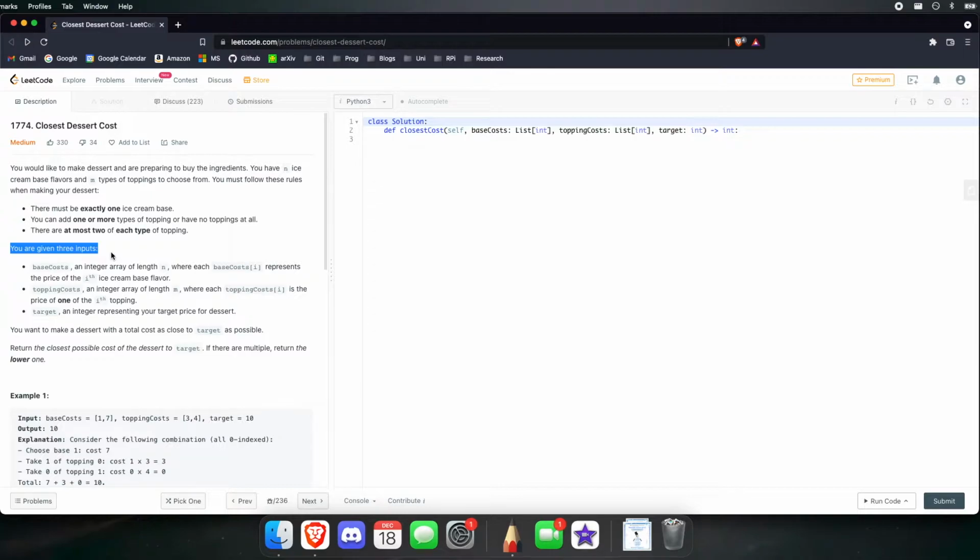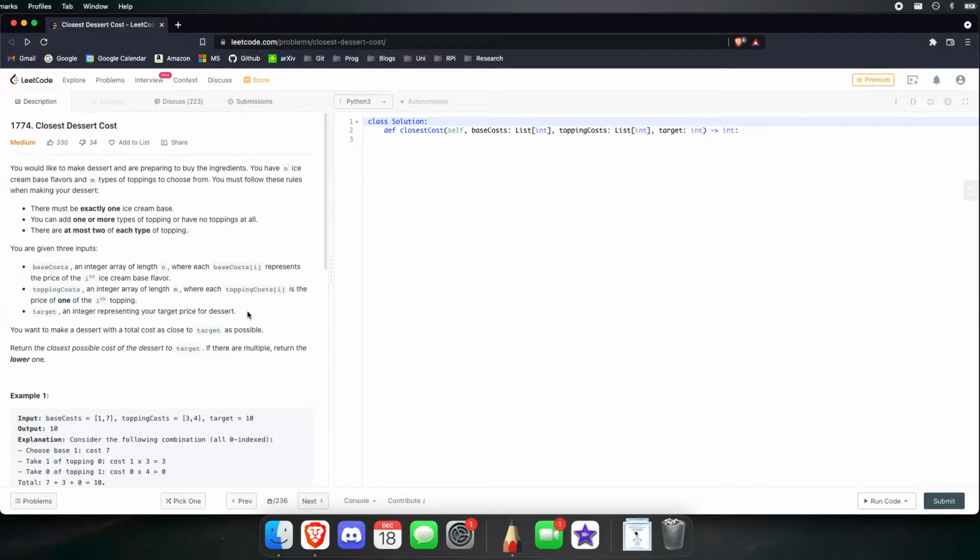Because we're given topping costs, an integer array of length m, where each topping cost of i is the price of one of the ith topping. The reason why this is bold is because, remember, we can have at most two. So if we choose two, it'll be 2 times the price of that topping. We're also given target, an integer representing your target price for the dessert.